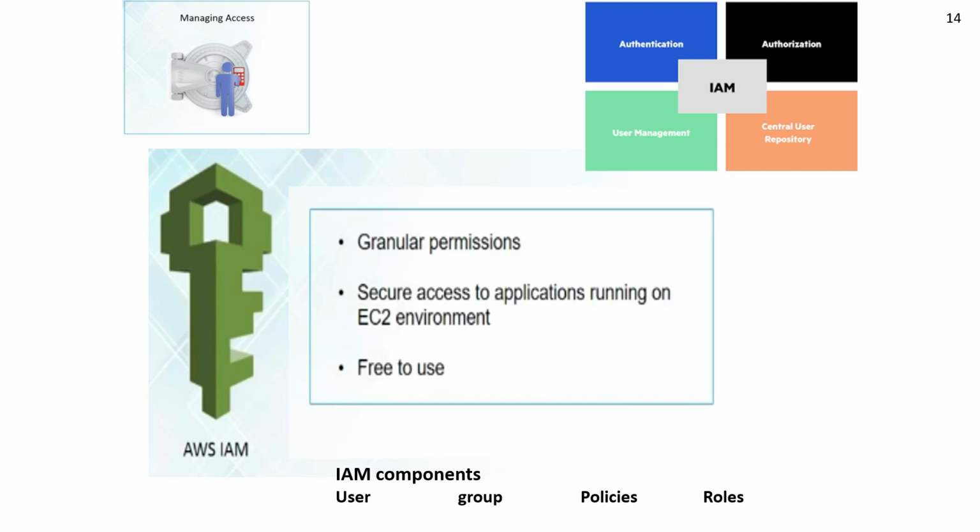AWS IAM is a foundational security service that enables you to centrally manage who and what can access your AWS resources and what actions they are permitted to perform. When a user, group, or role attempts to access an AWS resource, IAM checks the attached policies. We have to make policies that define permissions, that is, who can access what. These policies are checked to determine if the user has the necessary permissions.